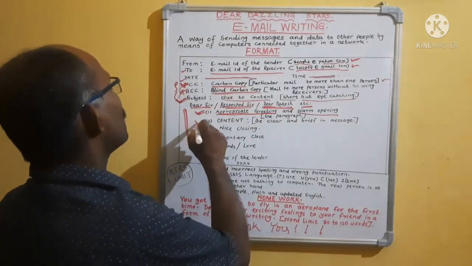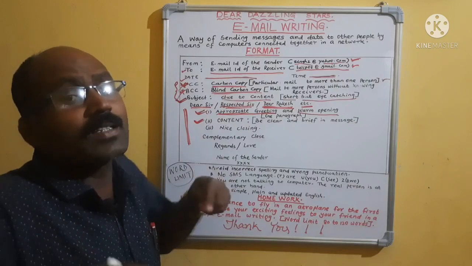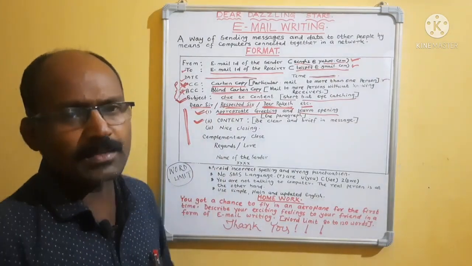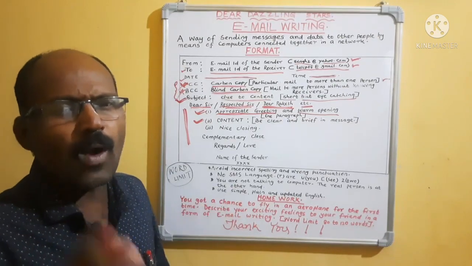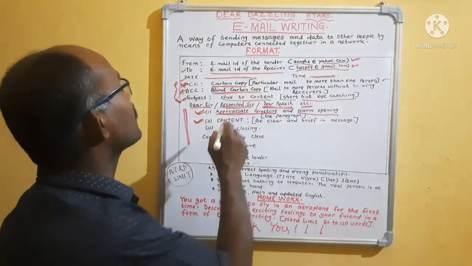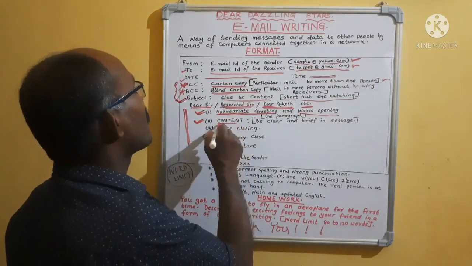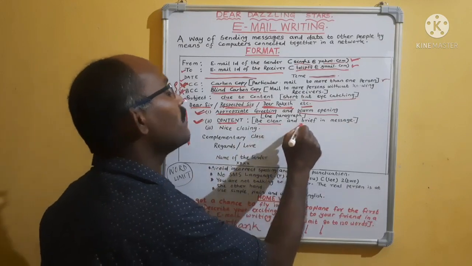Okay. Then come to content. In content, what is your aim? Why are you writing the letter? Why are you writing an email? What's the purpose? What communication do you want to communicate to him or her? That means content is required. But what should the content be? It should be very clear and brief in message.